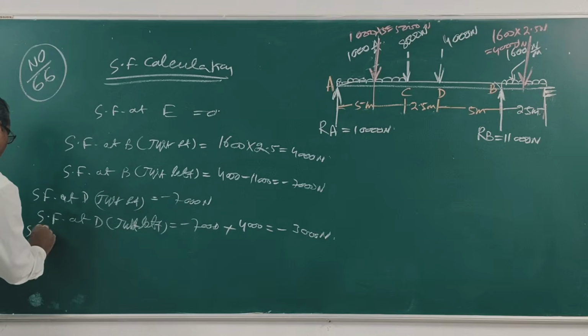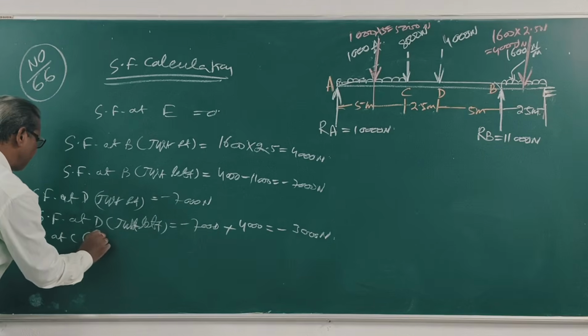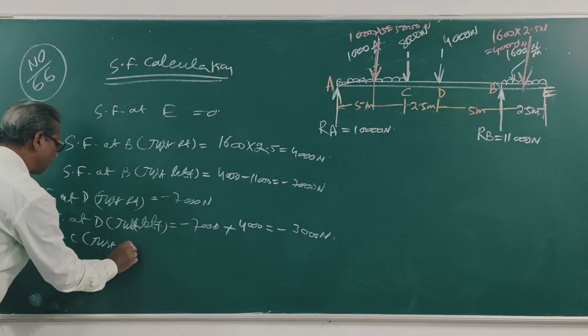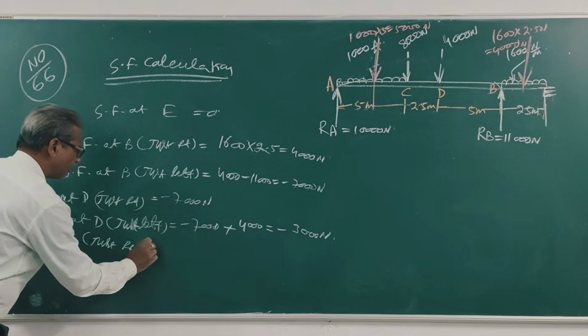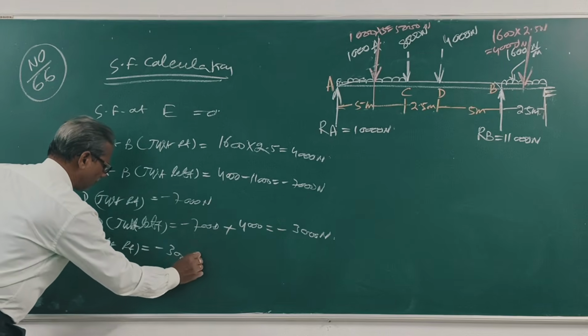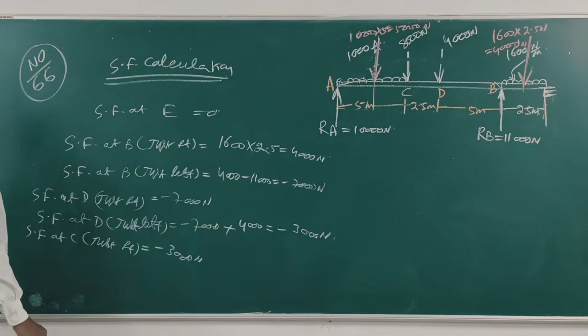Shear force at C just right: minus 3,000 Newton. Then C left.